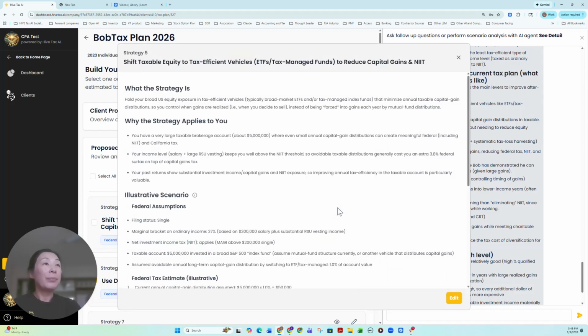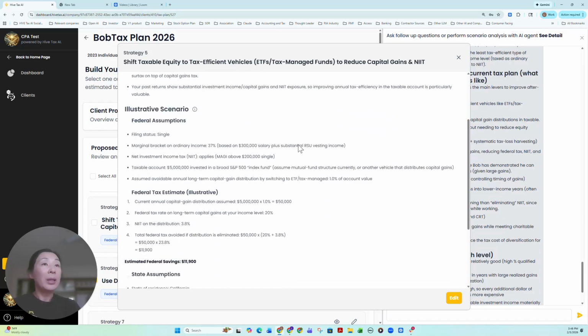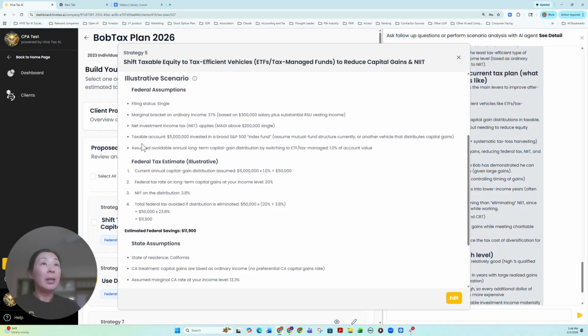Okay, so strategy number 5 suggests shifting the taxable equity to tax efficient vehicle ETFs. Now, if you look here, Bob does have over 5 million invested in a broad S&P 500 index fund.